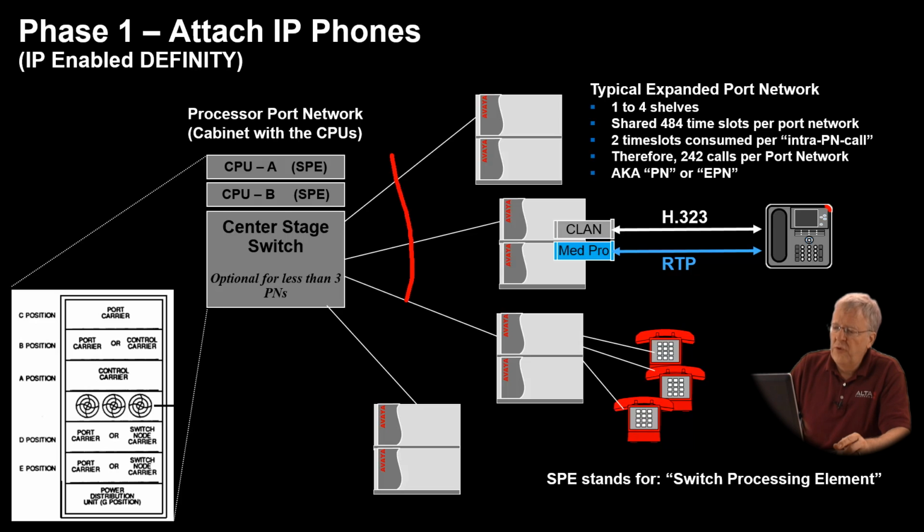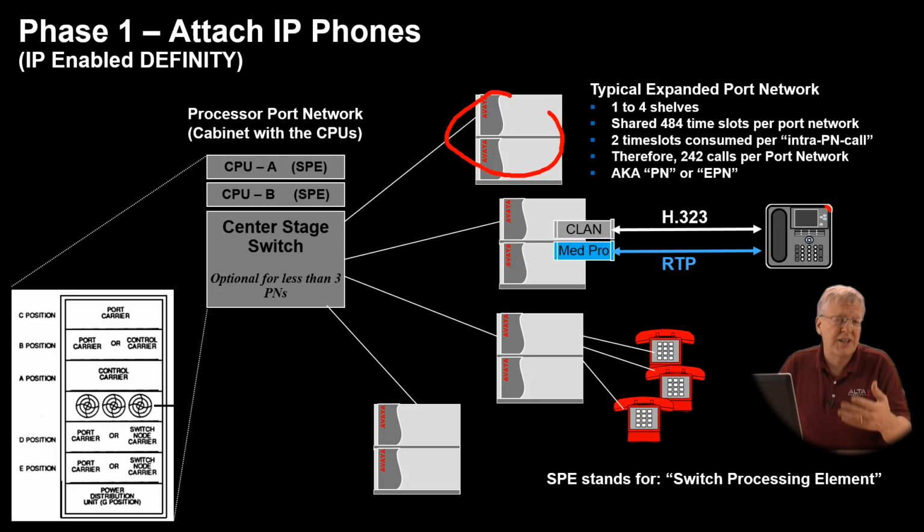So I'm showing 4 port networks here. The thinking is that you really don't even need a center stage switch if you had less than 3 port networks. And a port network is simply a card carrier that actually holds the cards to interface with stations and trunks.